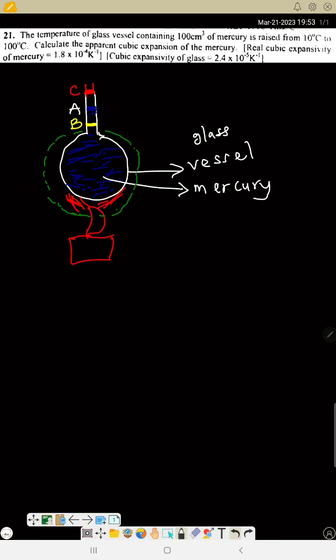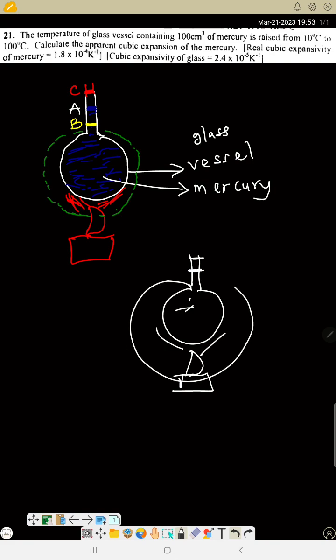In real life, if we have a vessel like this, and the level of the liquid is here, if you set this on heat, the mercury will only appear to increase from here to here. You will not see the vessel expanding, and you will not see the mercury going down first before increasing.